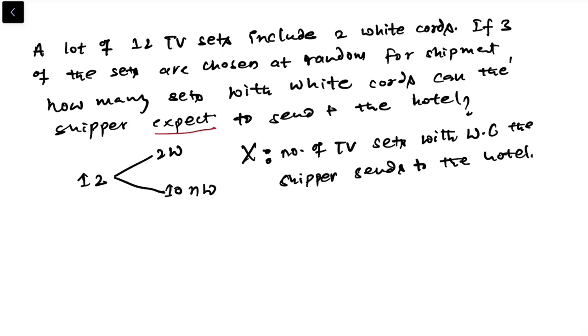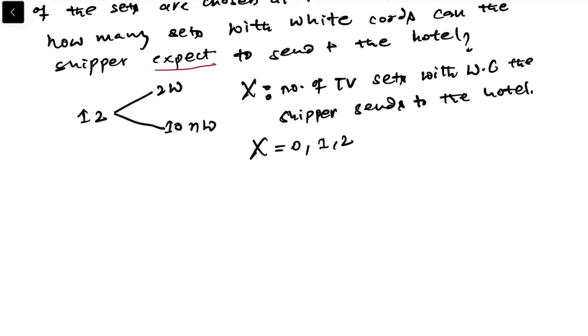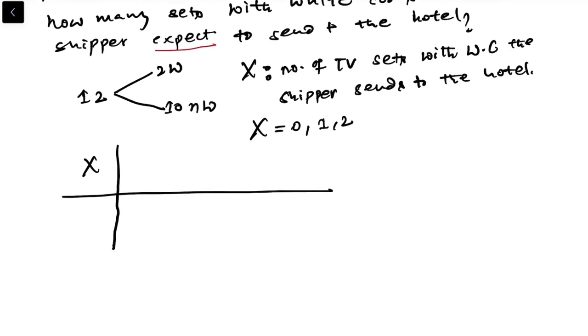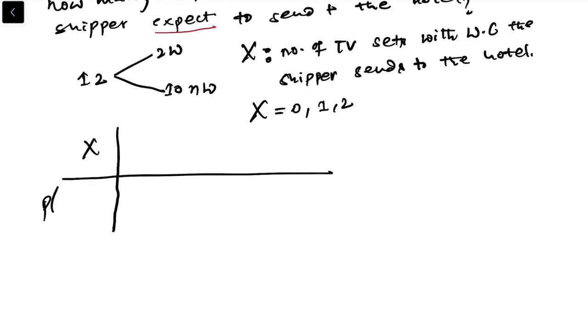Okay, so out of 2, the shipper can expect to send 0, 1 or 2, right? These are the possibilities. Now what are the probabilities of these outcomes? So let's calculate the probabilities. Let's draw the table. So there are 3 possible outcomes: 0, 1 or 2.